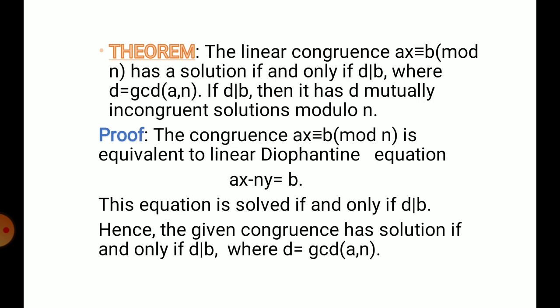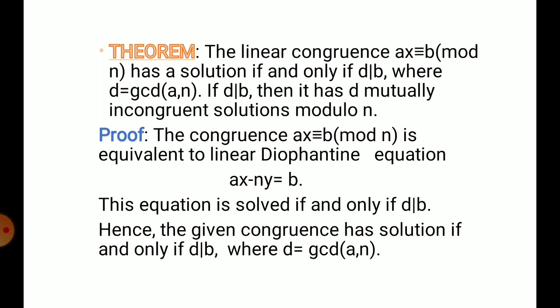The first result is that the congruence ax ≡ b mod n has a solution if and only if d divides b, where d is the greatest common divisor of a and n. We shall consider the congruence ax ≡ b mod n, which is equivalent to the Diophantine equation ax − ny = b.